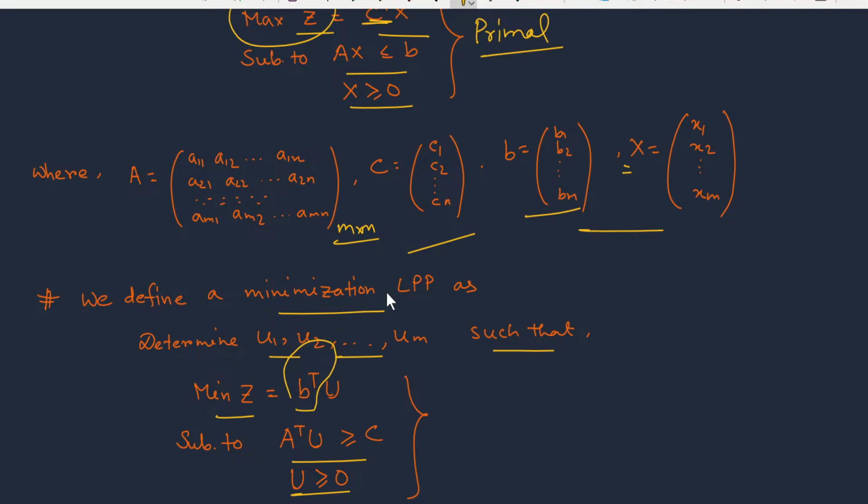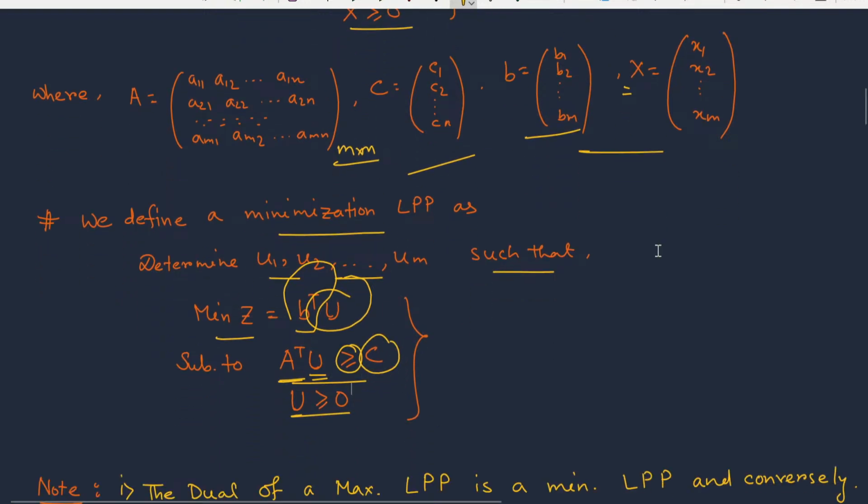The new vector we introduced in the dual problem is u; these are the decision variables of the dual problem. Here we write the transpose of A, and the less than or equal to inequality changed to greater than or equal to, and B changed position with C. So this is the dual of the primal problem.